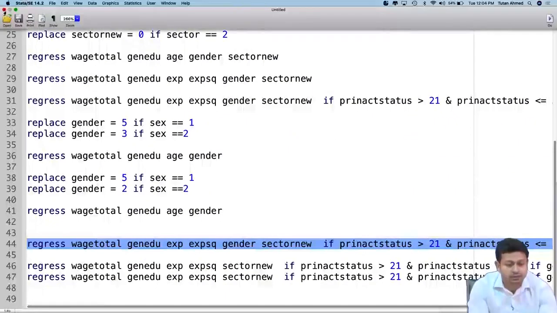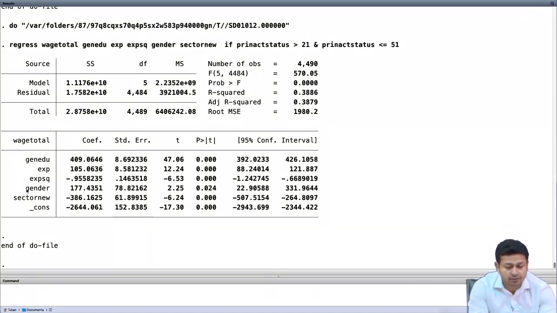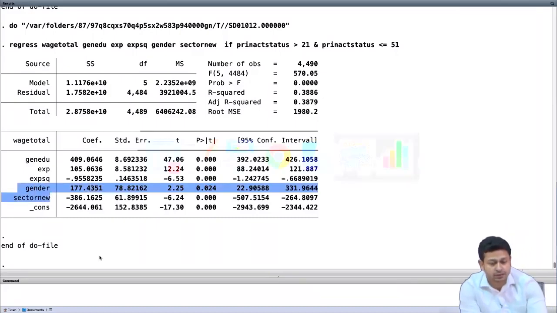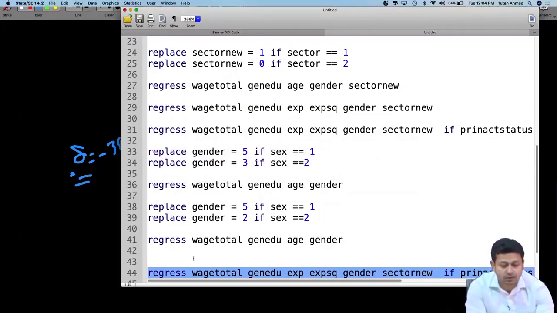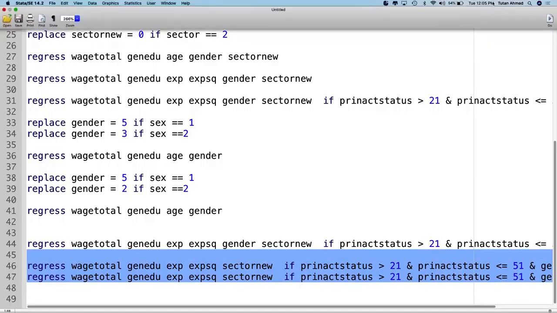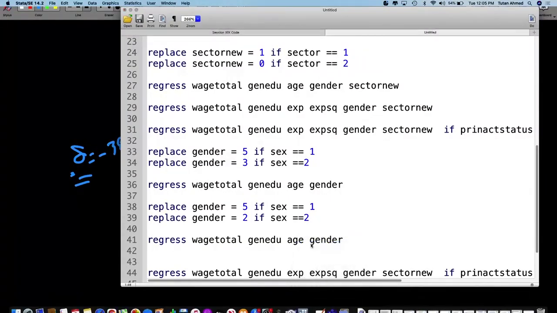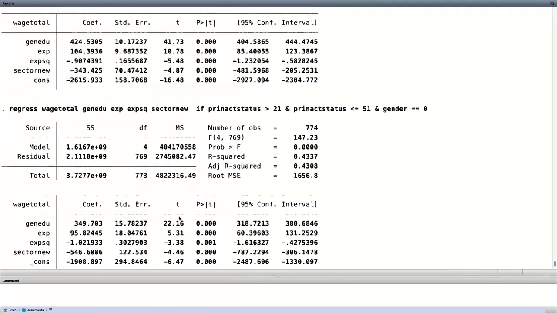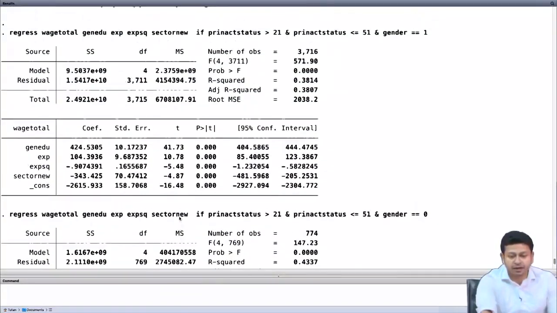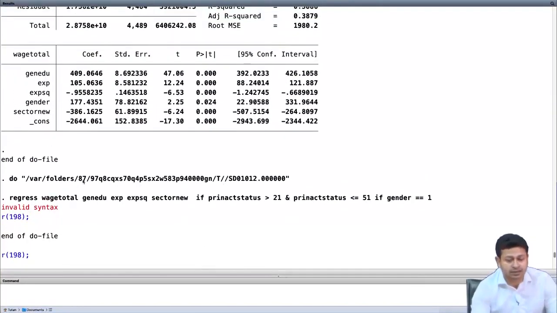Now we'll see this. We got the regression equation here, one for male, one for female, and previously we had the regression equation for both the categories together with gender as a dummy variable.